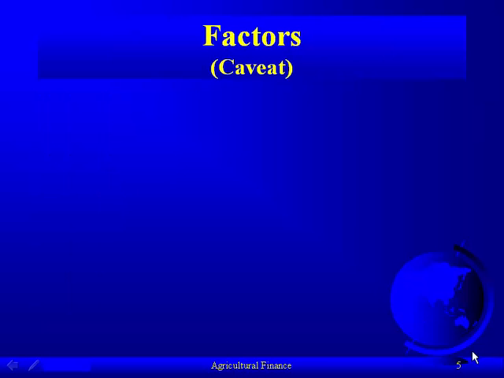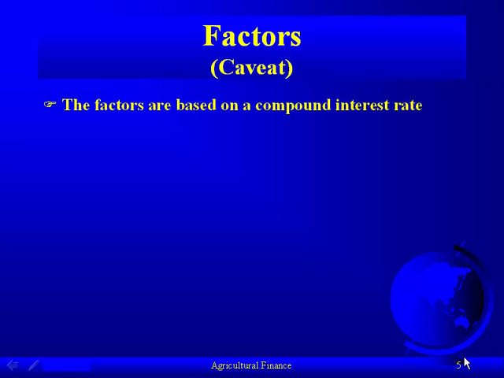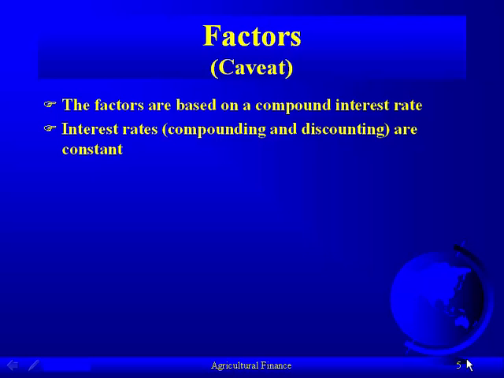Now, I'm going to show what I call caveats or warnings. If we're going to use these factors, we have to understand what they mean. First of all, these factors are based on a compound interest rate. Okay, interest earning interest. These factors are not based on a simple interest rate, but a compound rate. Also, whether we're compounding going from the present to the future or discounting going from the future back to the present, the rates embedded in these formulas are constant.